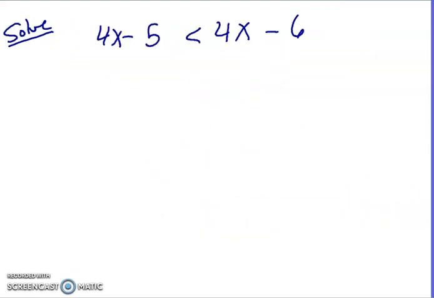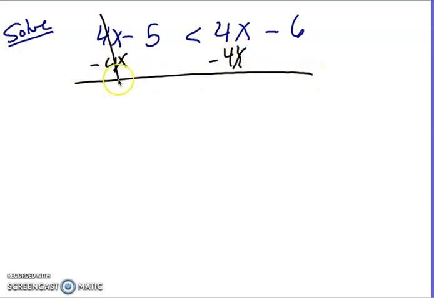So let's look at this scenario. So if I start solving this by subtracting 4x from both sides, it looks like the exact same problem. Hey, the x is crossed out, but I want you to notice I have -5 less than -6. And so you have to ask yourself, is this a true statement? Is -5 less than -6?